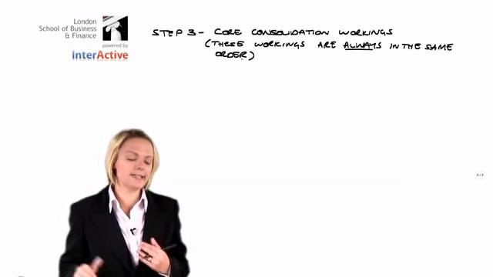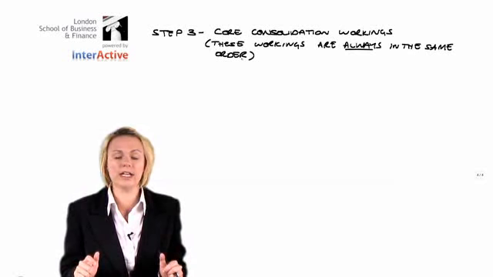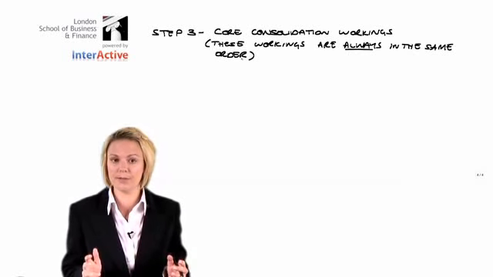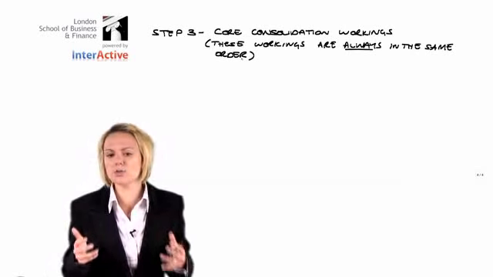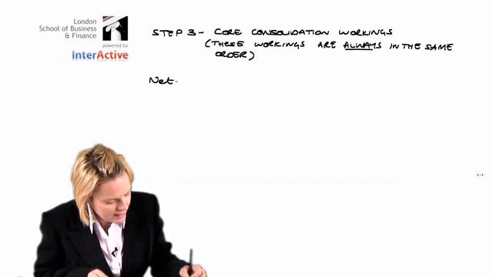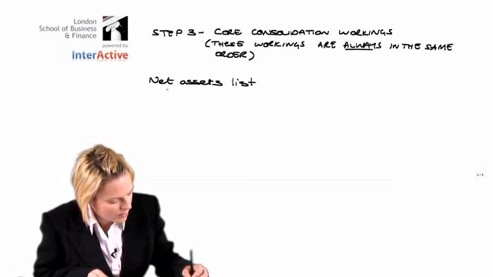So, our core workings then, this would be on a separate piece of paper away from the consolidated statement of financial position that you prepared in the previous video. We're going to start off with our first working, and that's going to be the net assets list.